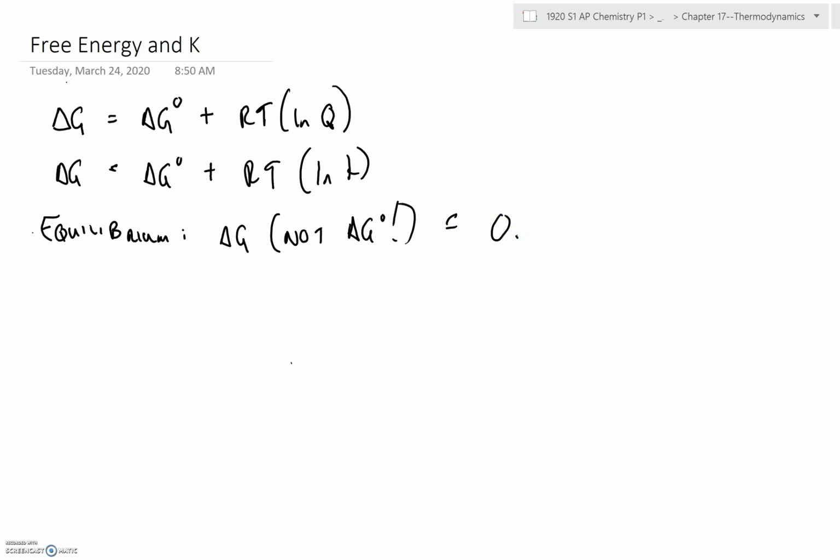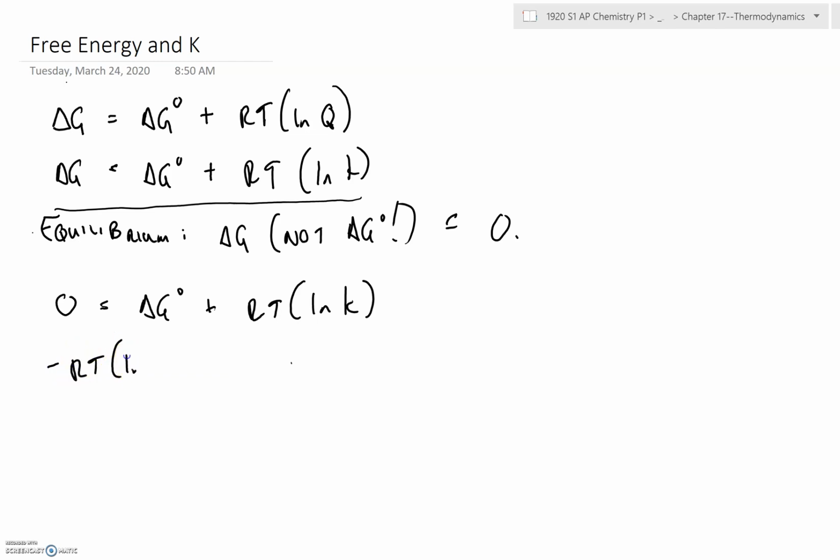Well, that makes things pretty easy because if we take this reaction where delta G is 0, now what we have is this: 0 equals delta G under standard conditions plus RT times the natural log of K. Because delta G under non-standard conditions is 0, now we have this is equal to delta G under standard conditions.